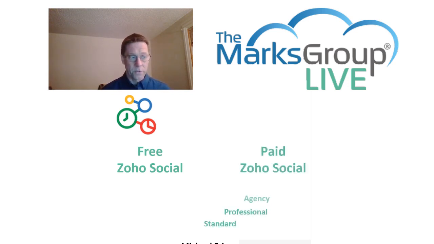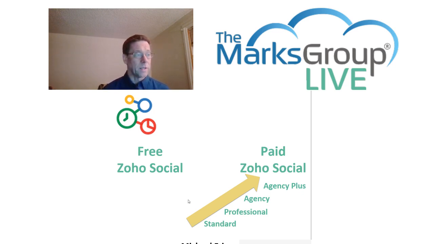Then, of course, there's the paid version of Zoho Social that has 4 different paid plans. There are increasing features at each price point. In the lesson that I have on the Zoho Social app, I look at these in far greater detail than I am right now.